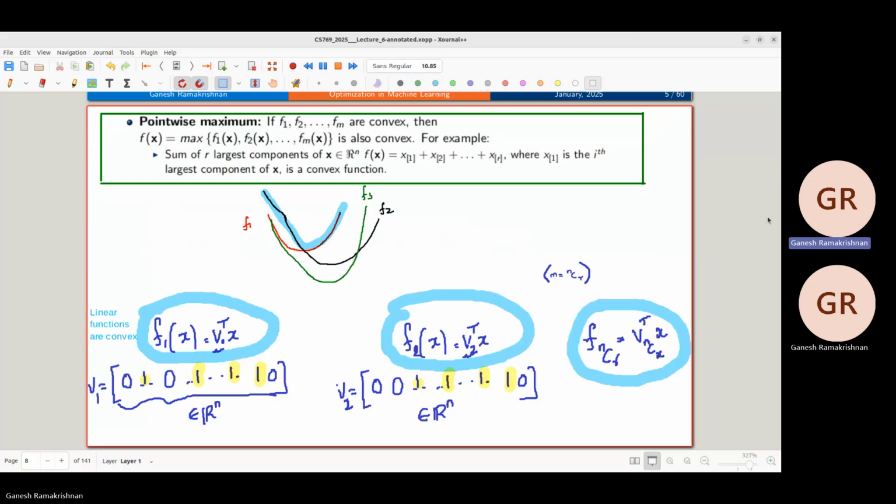It's valid for any convex function. That's why you should try and write it down. From first principles, you can prove that the max of any bunch of convex functions is convex. Now, for suprema, it's going to be a little trickier, but for maximum, it's not difficult at all.